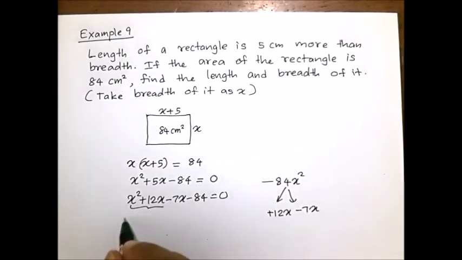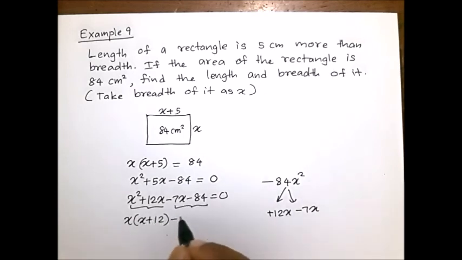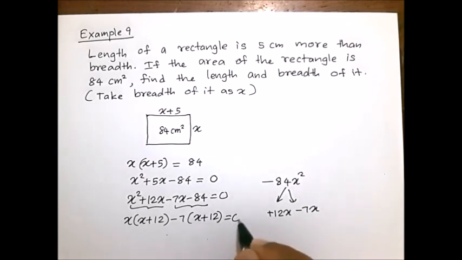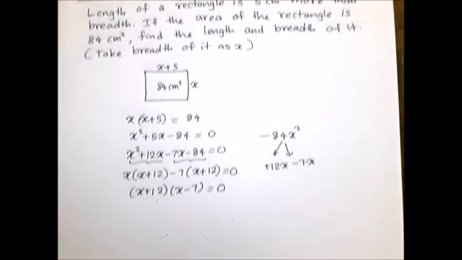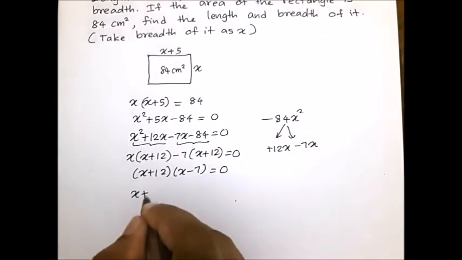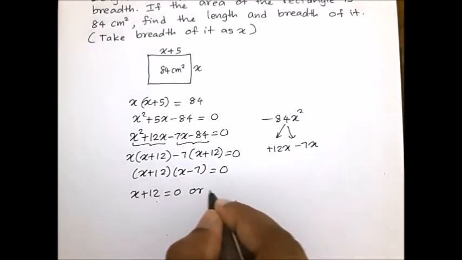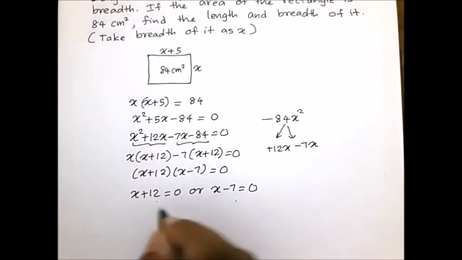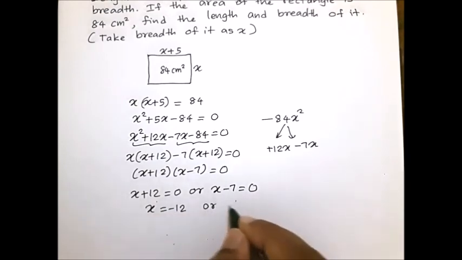Now factorize, take common term, it is x, remaining x plus 12. Take common term, it is minus 7, remaining x plus 12. Factors are x plus 12 and x minus 7. Now you can write x plus 12 equals 0 or x minus 7 equals 0. Take 12 to the right hand side, it is minus 12, or x equals plus 7.